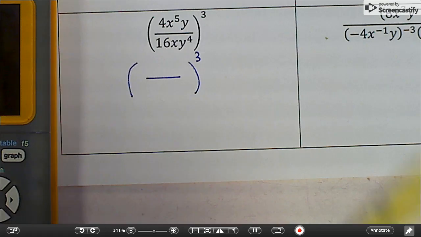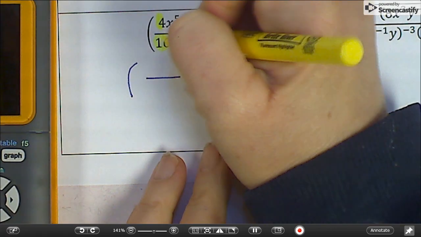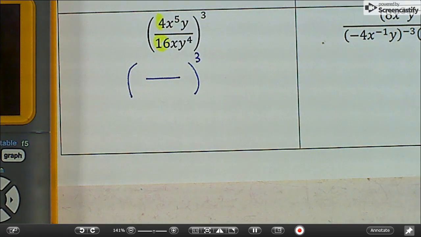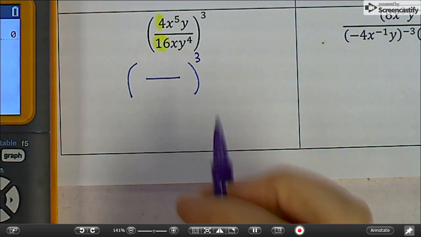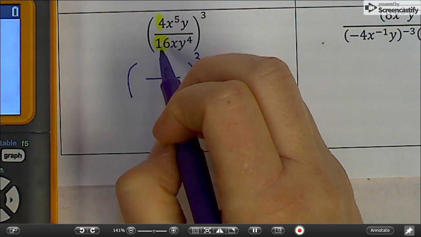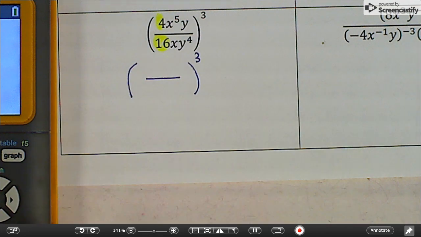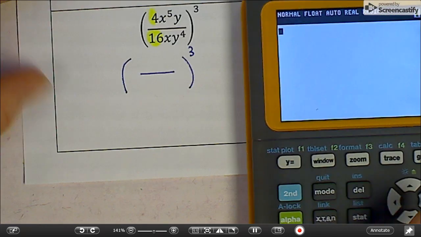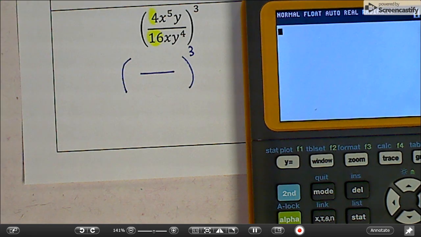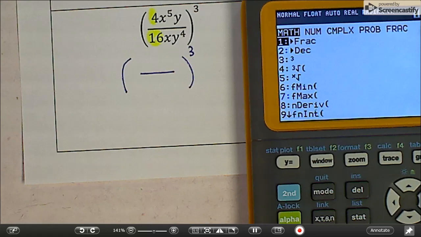When you divide, you need to divide the exponents first. So I know you can simplify this fraction. They're both divisible by 4, but if you didn't know, and you know it's not going to flip around, you can do this in your calculator. 4 divided by 16, and then math, fraction.